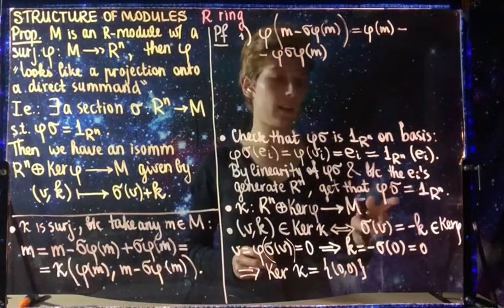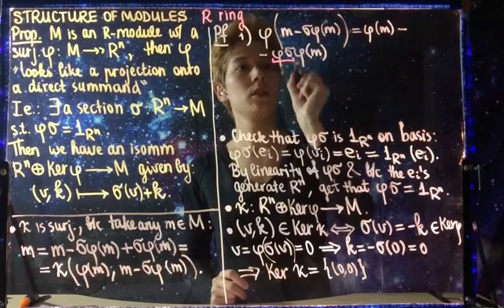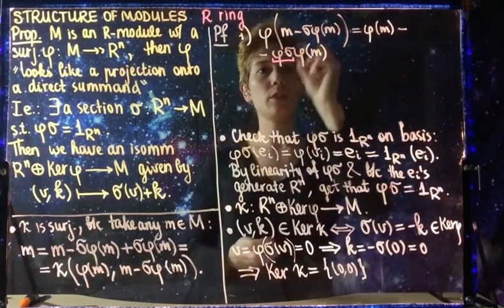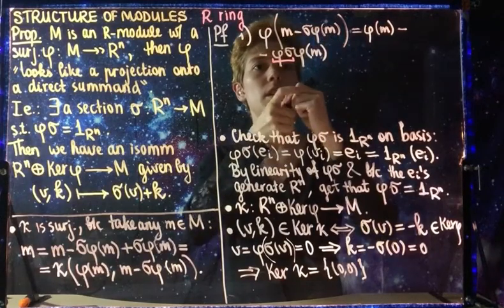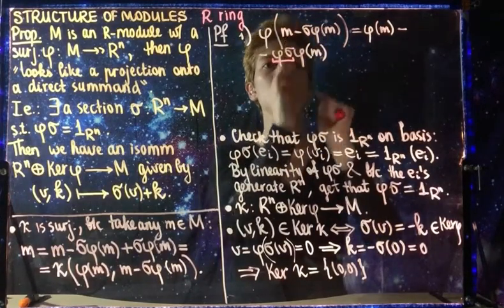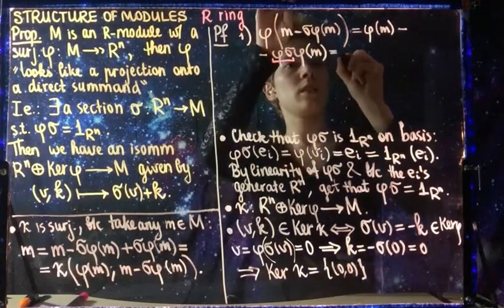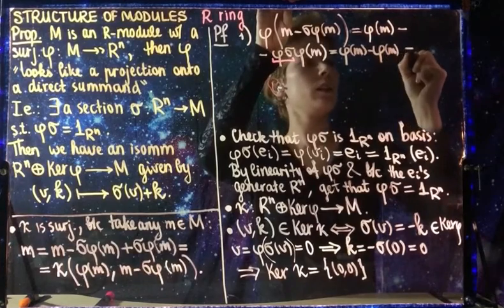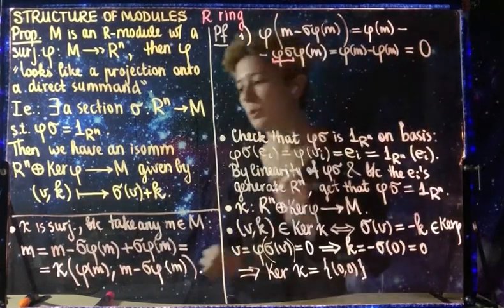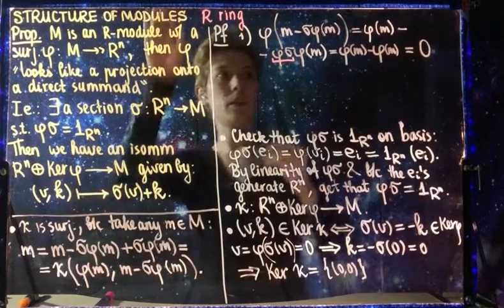But we proved that phi sigma is the identity on Rn. So this cancels out, because sigma phi of any element, in this case phi m, is equal to phi m itself. And so we get phi of m minus phi of m. And this is equal to 0, which means that this is an element in the kernel of phi.